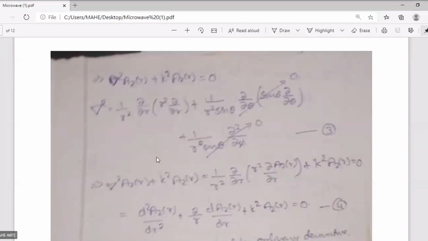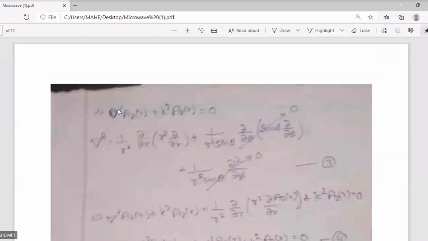Okay, so if you expand del square Az of r, in spherical coordinates, you have to see the expansion for del square Az in spherical coordinates. If you go to the textbook Balanis, go through the index, you will have the expansion for del square Az. Even otherwise, you have seen the expansion of del square in EMW.